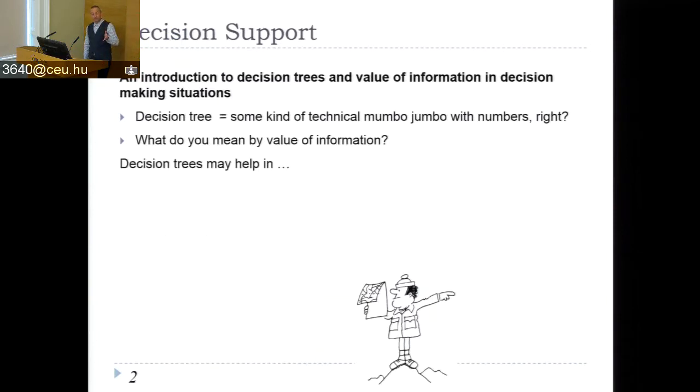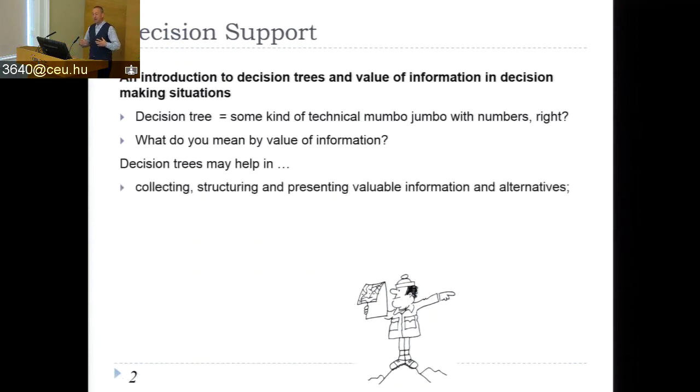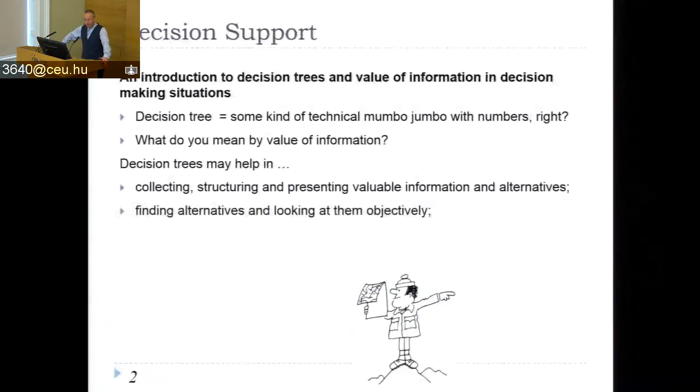So, decision trees. I will show you an example in a second. Overall, decision trees help you in collecting, structuring and presenting information about alternative decision pathways. They also help you find alternatives, as we will discuss, and help you look at these alternatives objectively.